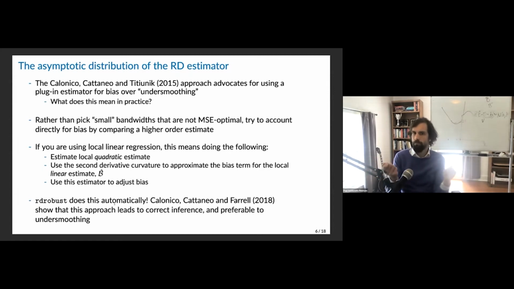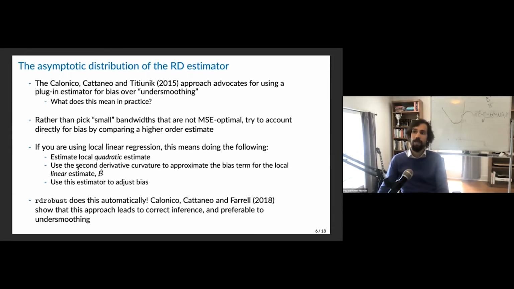You re-estimate it in an optimal way and find out what the quadratic function looks like. Then, using that quadratic estimate, you can get the derivative and say, pretend that's the true function. That gives me an estimate of the second derivative of the function at the cutoff. It's a plug-in estimate, and I can directly estimate what the bias term is.